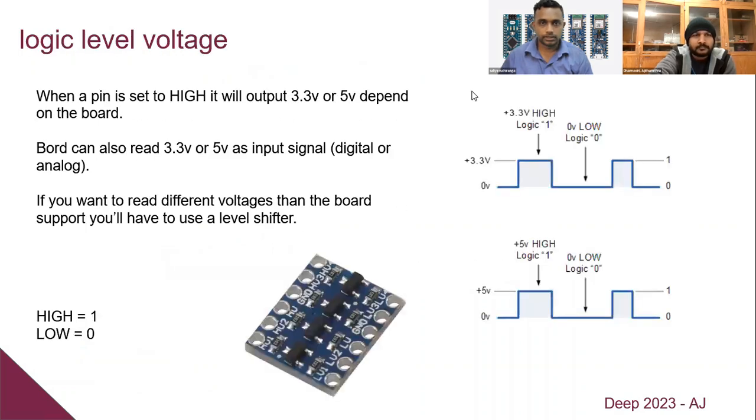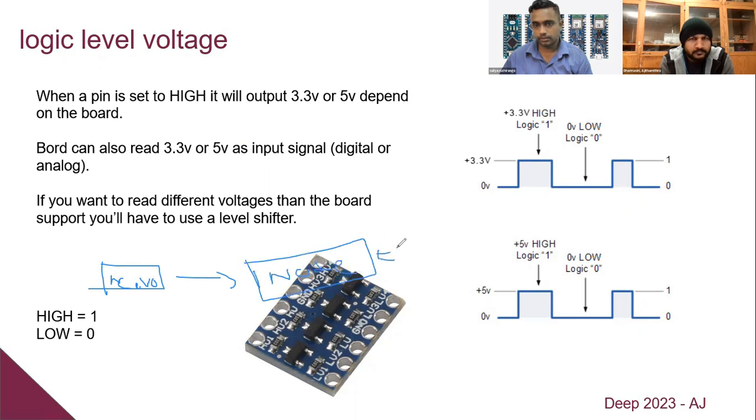So that's about interrupts. Sometimes we will have to use different boards. Some boards operate at 5 volts, some boards operate at 3.3 volts. Let's say you want to connect an Arduino Nano to a NodeMCU.